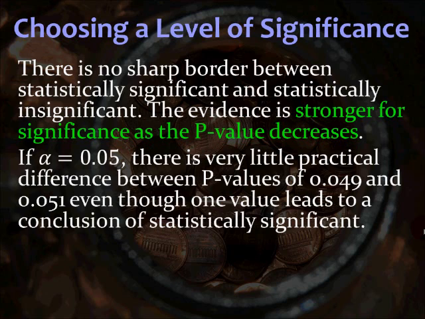So remember, in terms of degrees, there's not much difference between 0.049 and 0.051, but one's going to give you a result that you might be looking for, and one will not. So you got to just look at the numbers themselves. Obviously, if you get a p-value of 0.001 against an alpha of 0.05, that's a pretty strong case for rejecting the null.